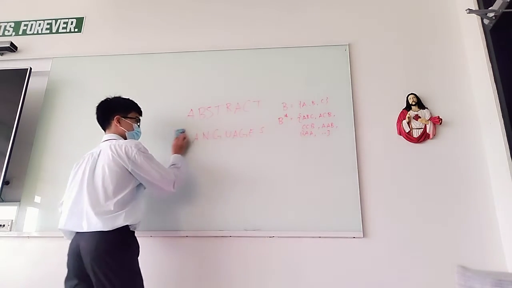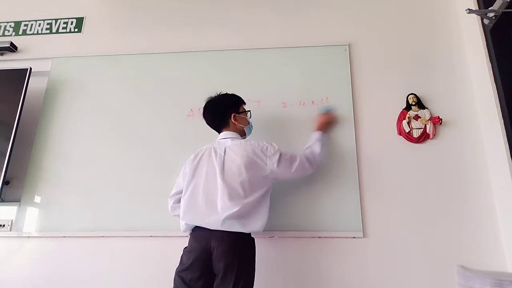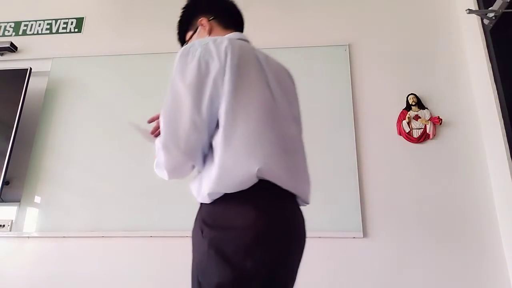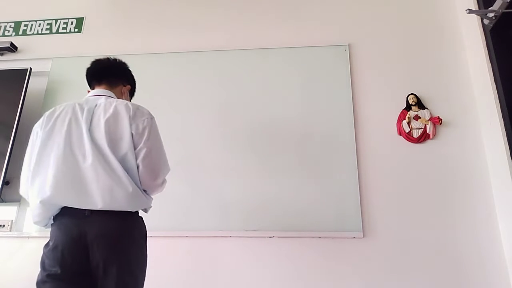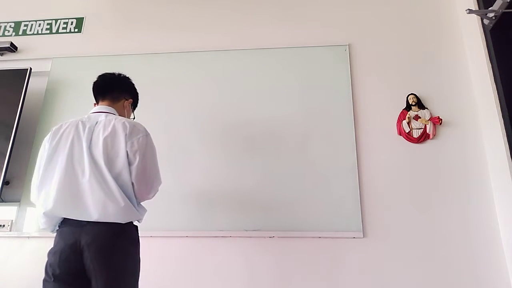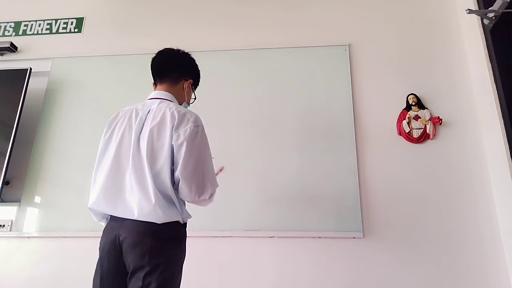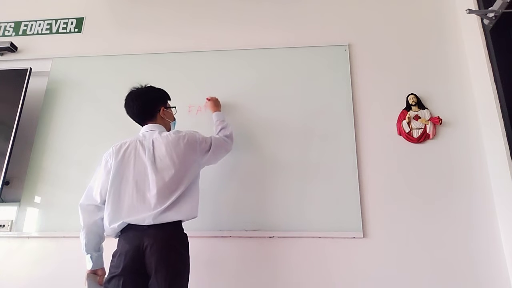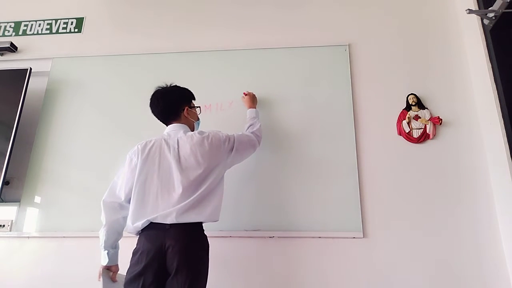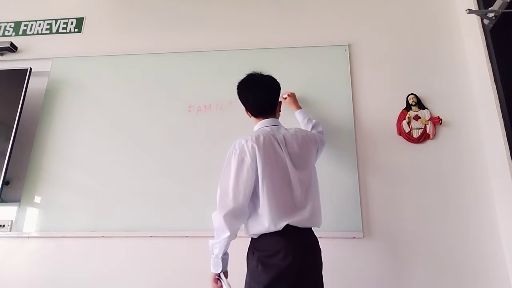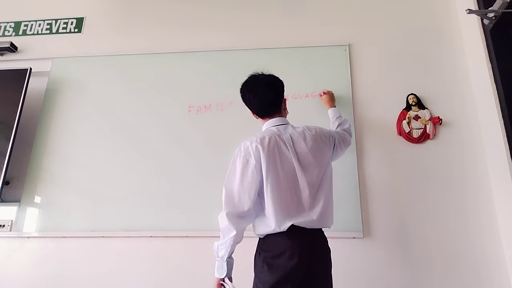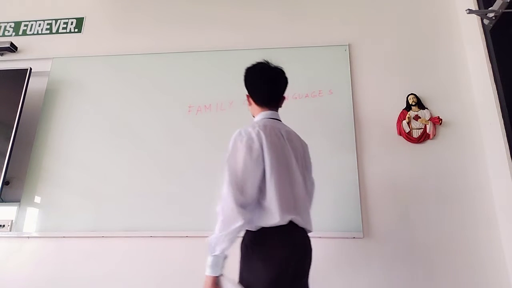Okay, and let's continue with the definition. Just erase this. Okay. So, a family of abstract languages. What I said a while ago was wrong, because the thing a while ago was just a set.